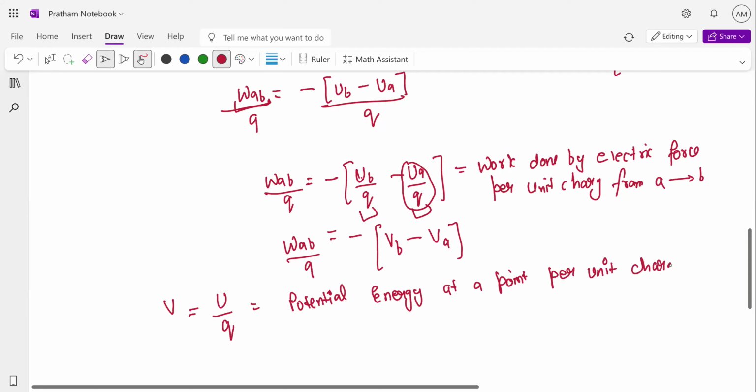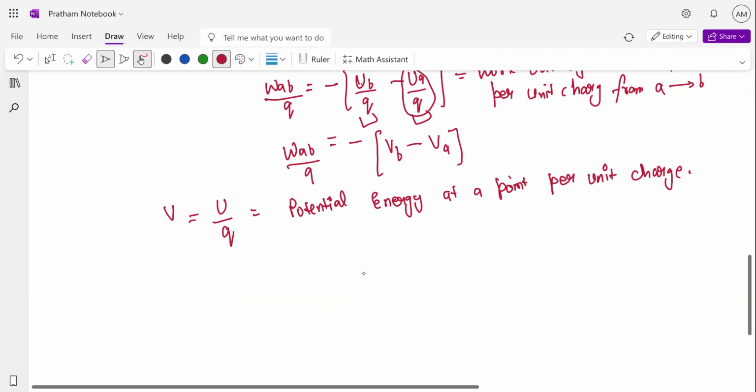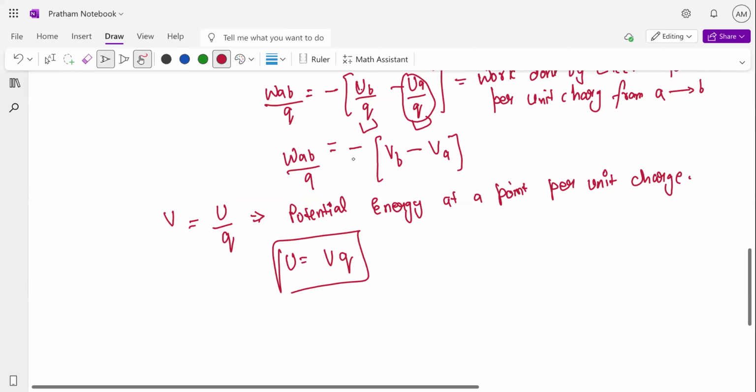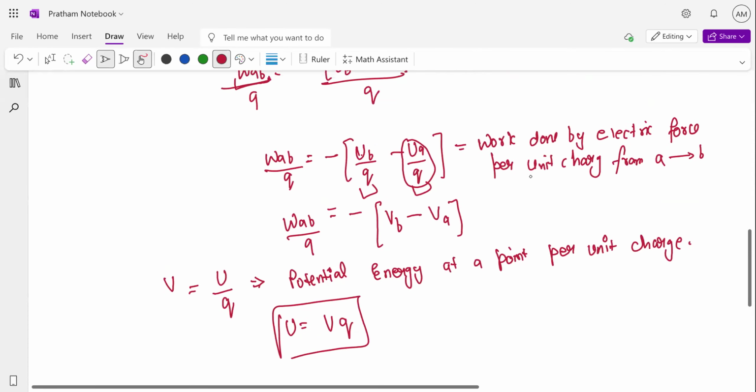So if you get the idea, I can also calculate potential energy as V into Q. So whatever equation you have got, this is nothing but work done by electric force per unit charge in moving from A to B, and here V is nothing but potential energy at any point per unit charge. Okay, this is the formula.